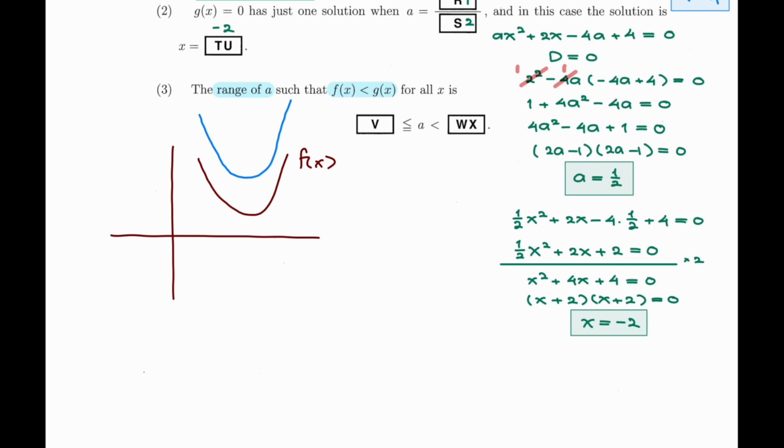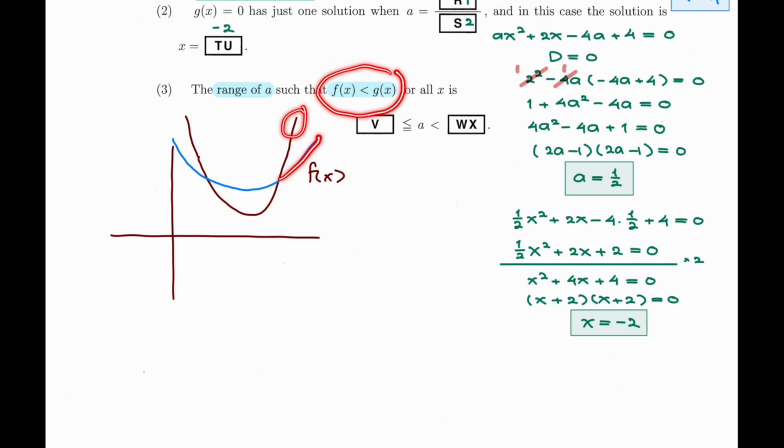If they intersect with each other, let's say I draw my second parabola like this, for example. If they do have an intersection like this, that means there is a range where f of x is above g of x, while in this case, I want f of x below g of x.